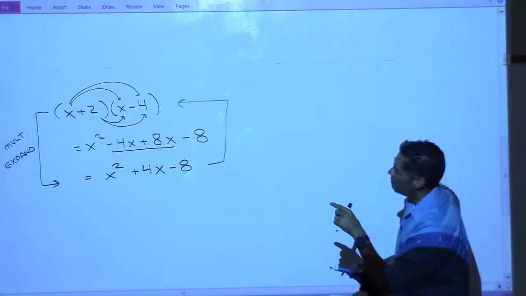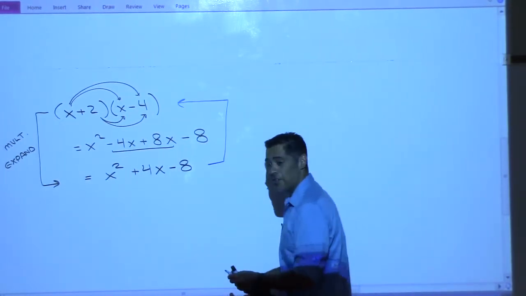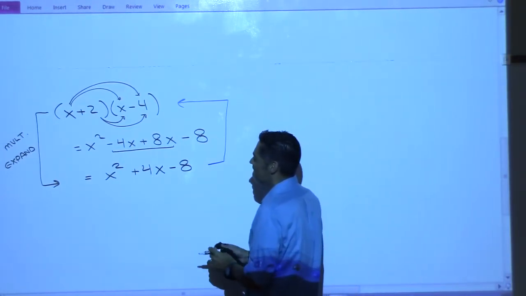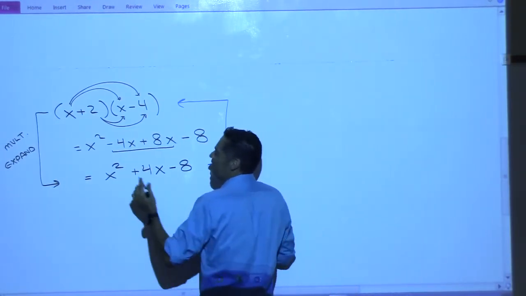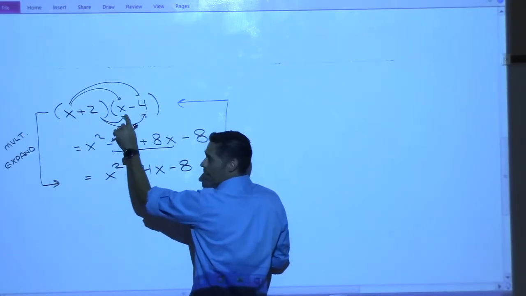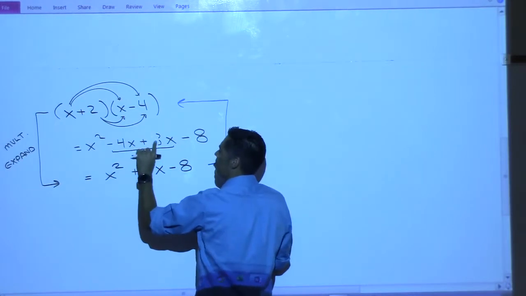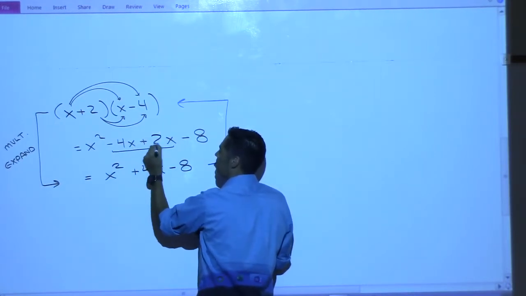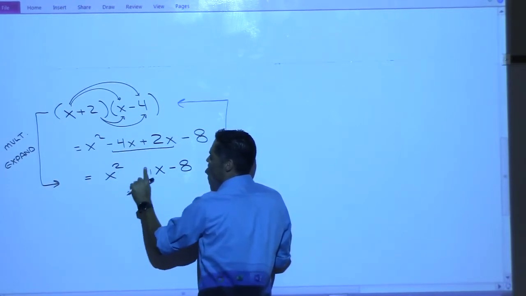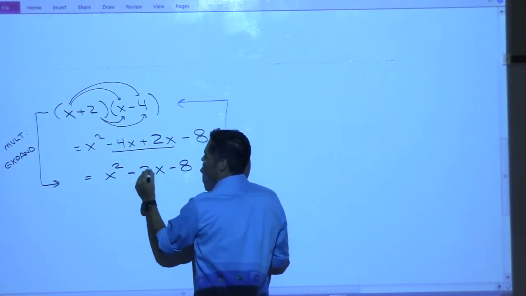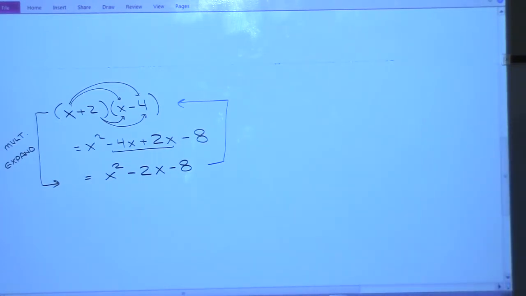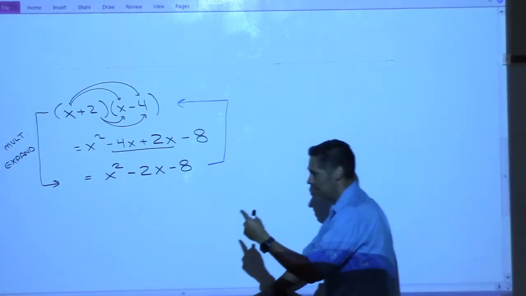X squared minus, yeah. Y'all are gonna have to keep an eye on me. I was like, wait, am I missing something? Okay, let me go through this very slowly. X squared minus 4x plus 2x, right? And then you can add these together, and what do you get? Negative 2x. I knew y'all were looking like something was wrong.